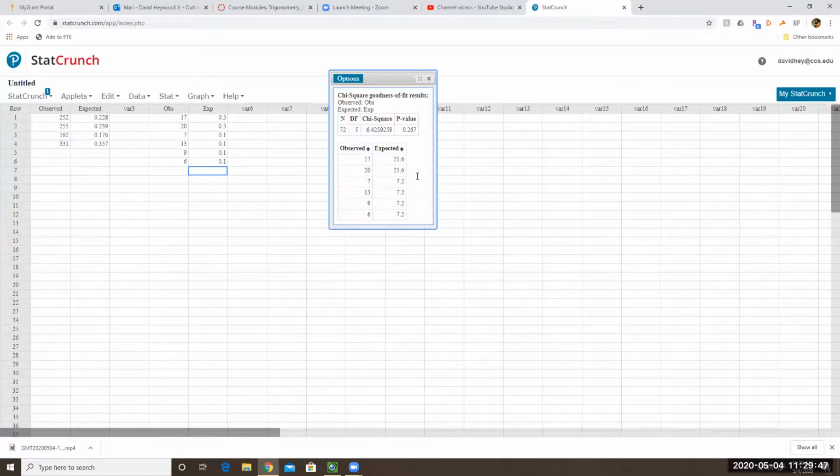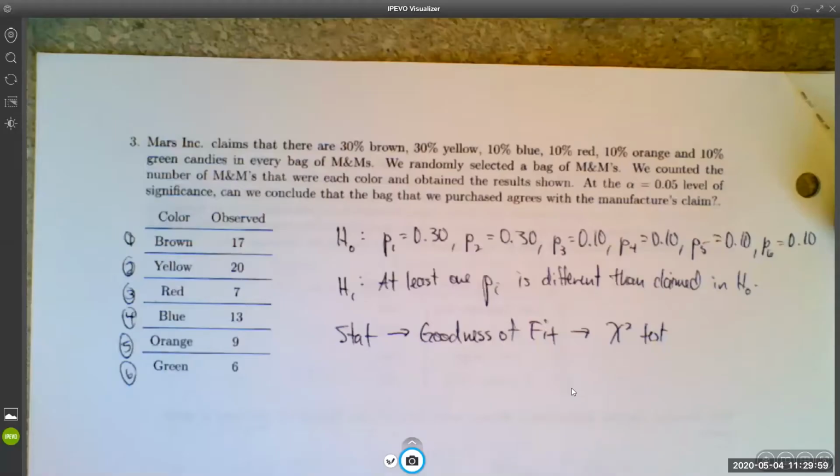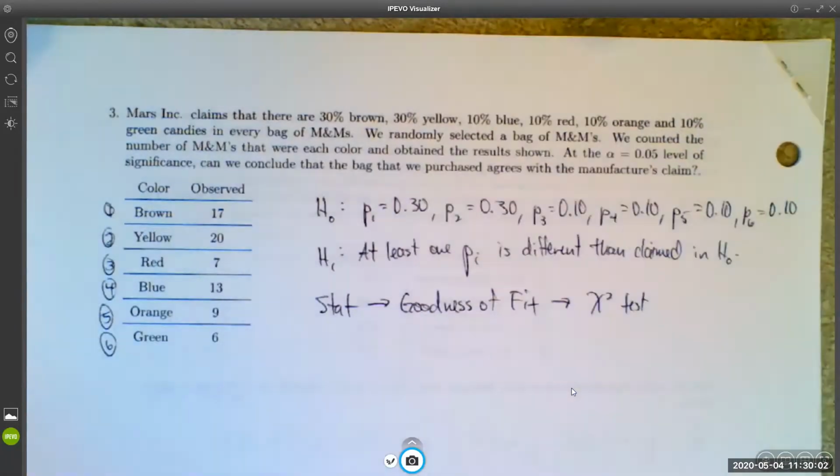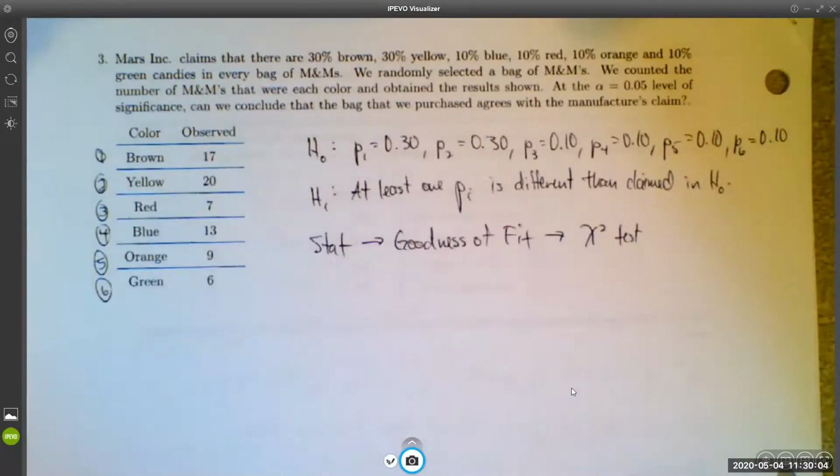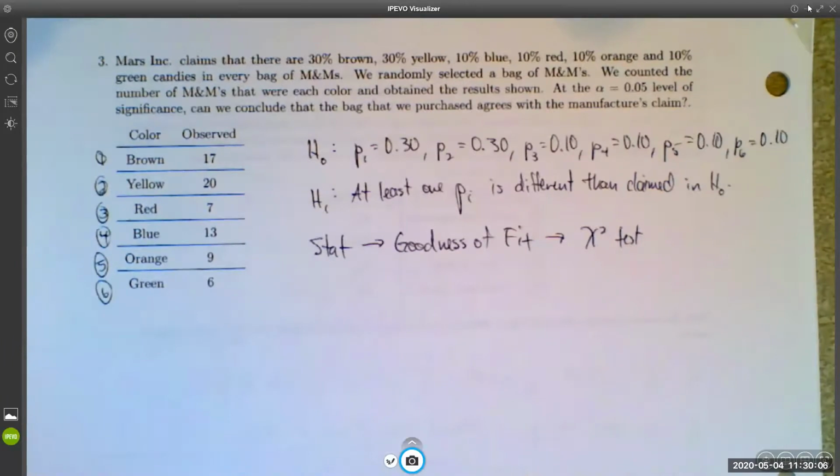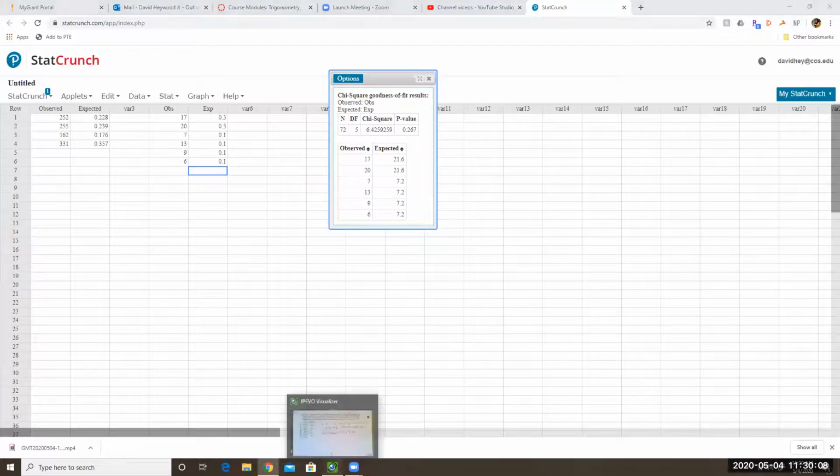But I guess the observed counts are close enough to the expected counts for us to not reject the null hypothesis. That's surprising to me. But there you go. So what was our p-value again? That was 0.267.